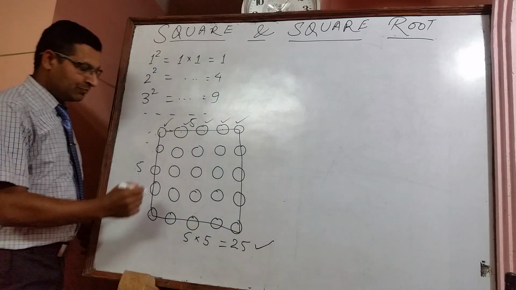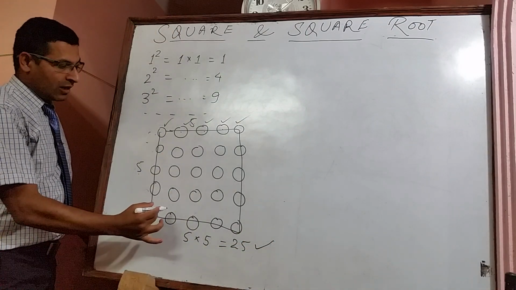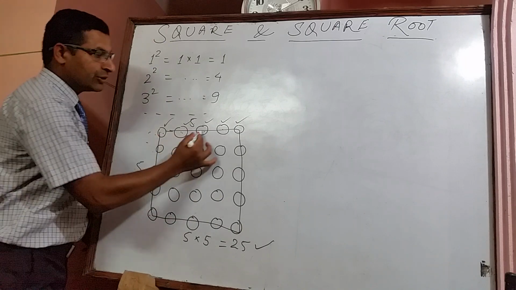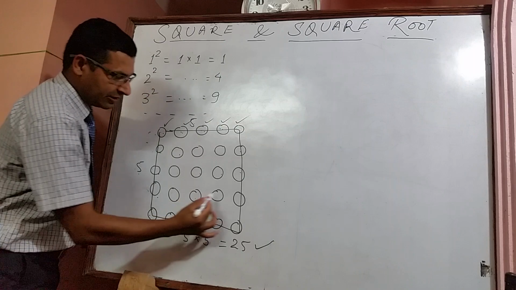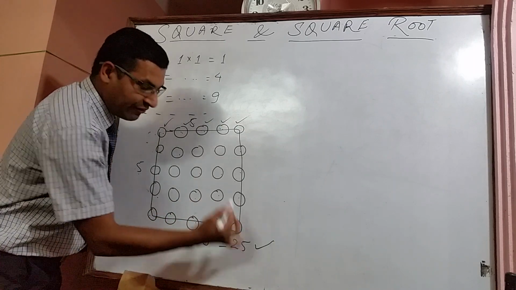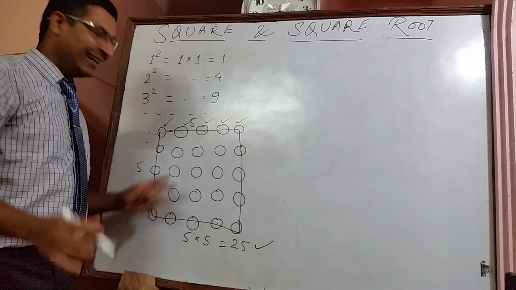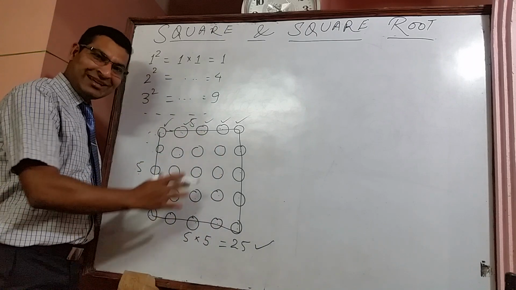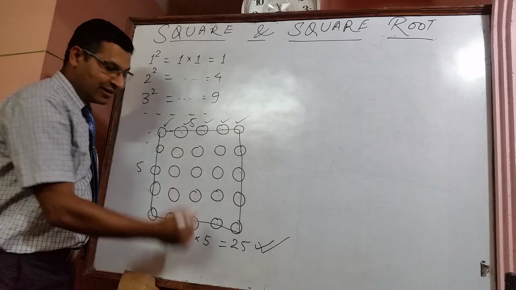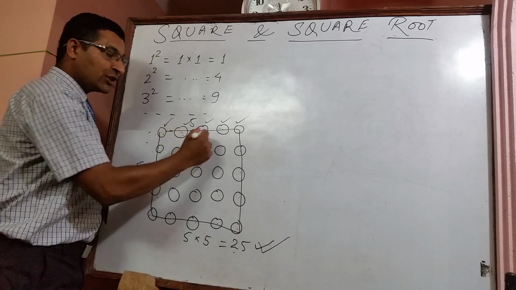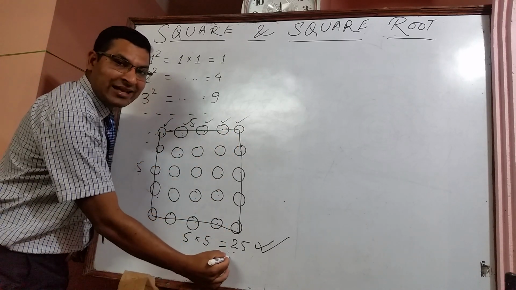And if we count 1 2 3 4 5 6 7 8 9 10 11 12 13 14 15 16 17 18 19 20 21 22 23 24 25. Without actual counting, you have already calculated how many circles are here, 25. And when you actually count, you get the same answer.